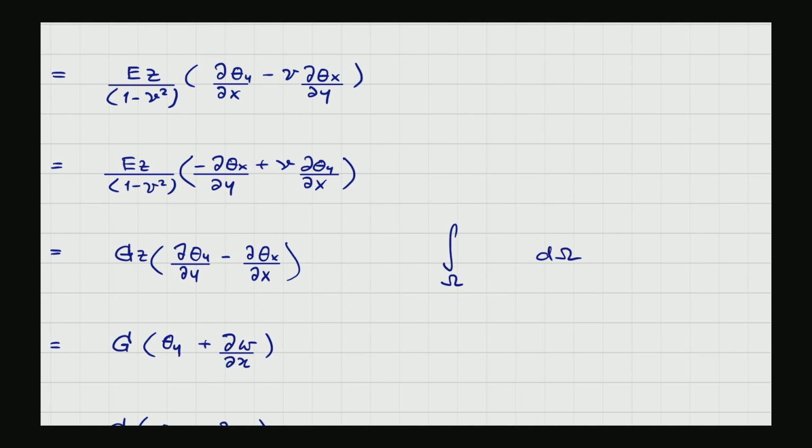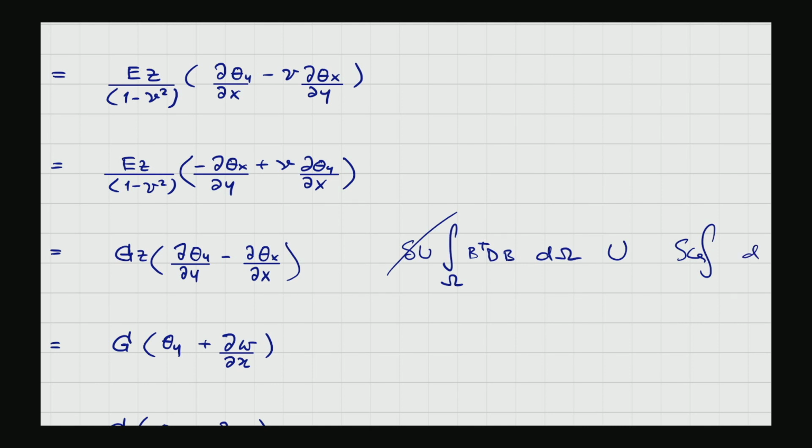So the B transpose B thing, you're going to have the virtual displacement outside, and it is going to be cancelled out at the force term, the integration of the force.